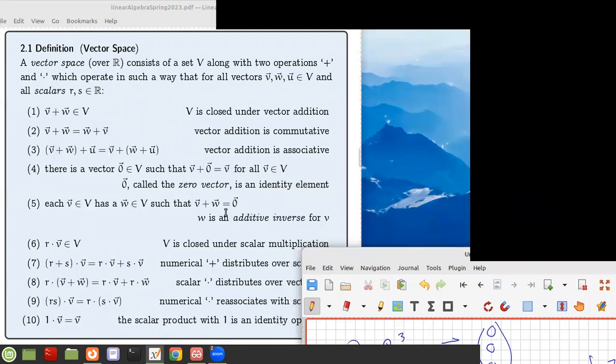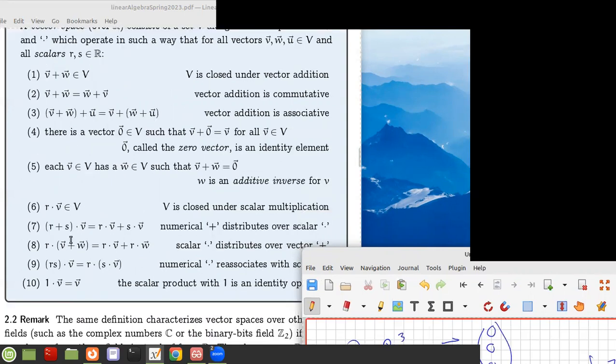There's always going to be an additive inverse. Then here are the ones that deal with numbers. You can multiply any vector by a number, and it's still going to be in the same space. And the multiplication distributes in the same way here.